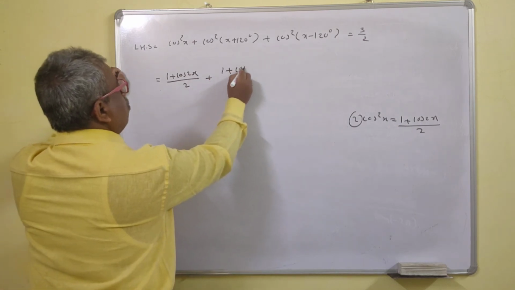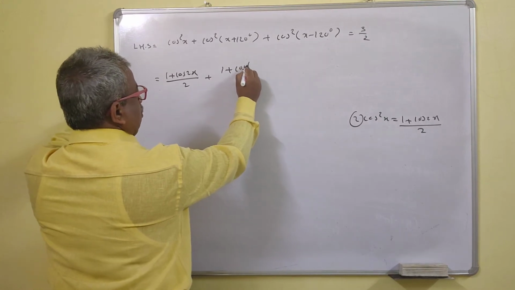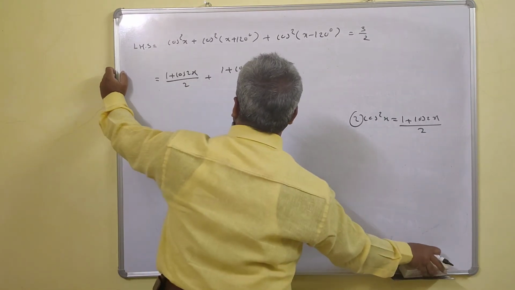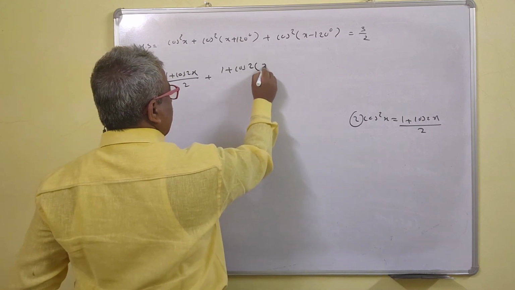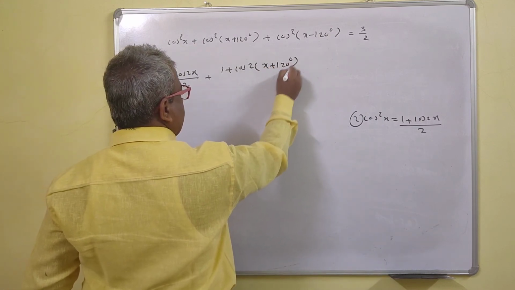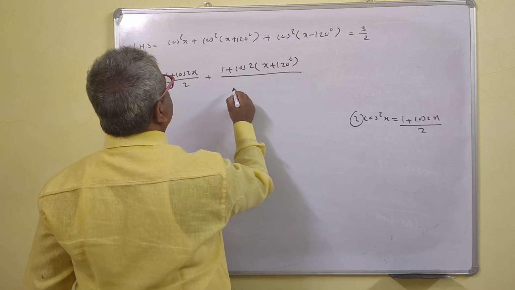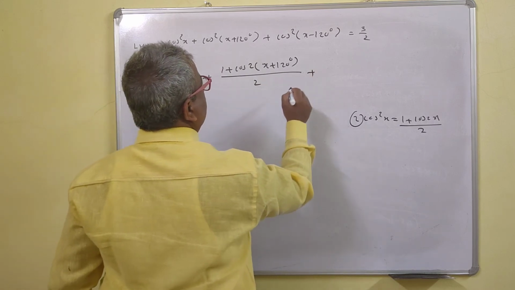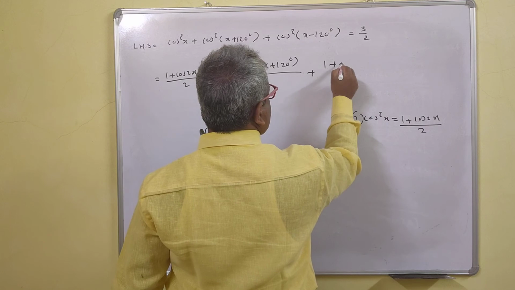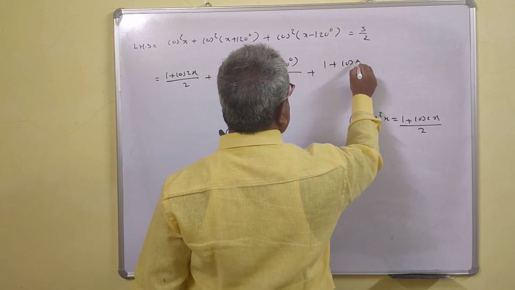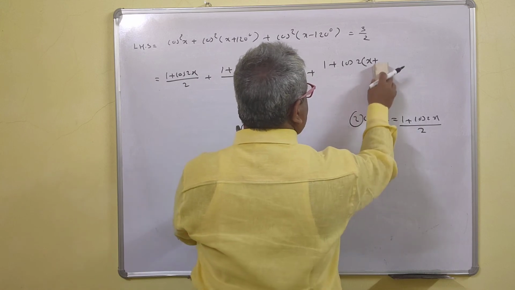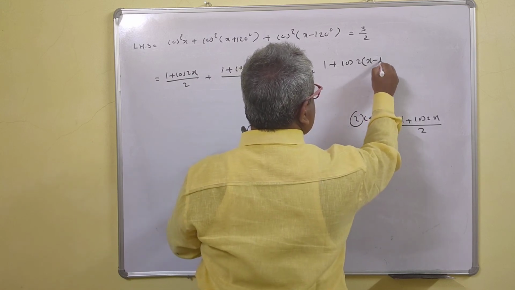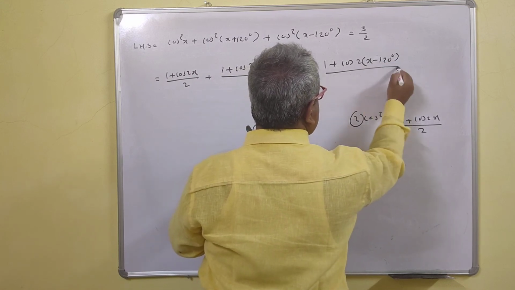So 1 plus cos twice x upon 2, plus 1 plus cos of 2 into x plus 120 degree upon 2, plus 1 plus cos of 2 into x minus 120 degree upon 2.